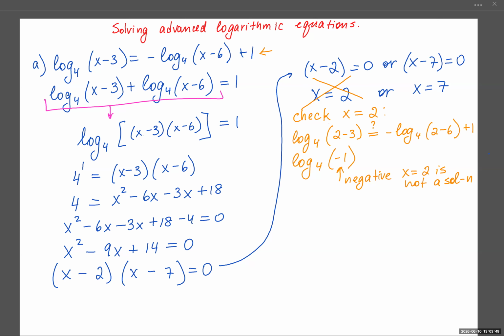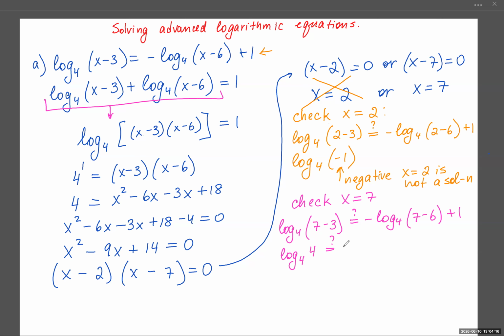Let's go ahead and check the other one, x equals 7. So this is log base 4 of (7 minus 3). Does that equal negative log base 4 of (7 minus 6) plus 1? This is log base 4 of 4.